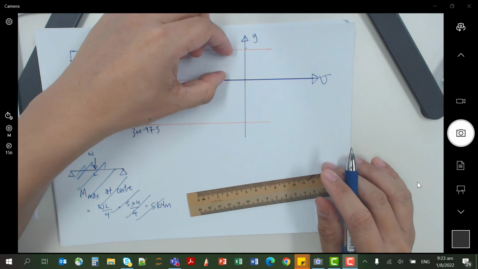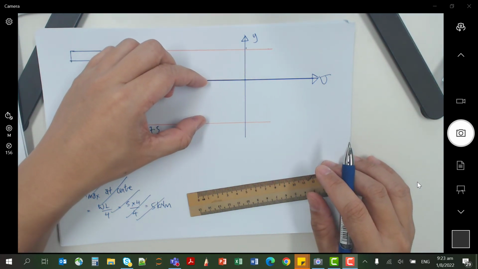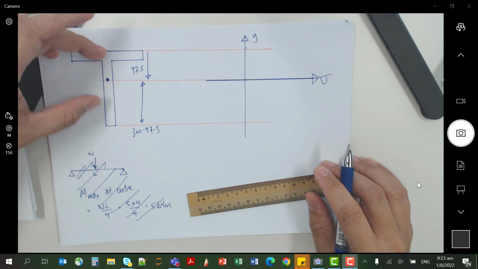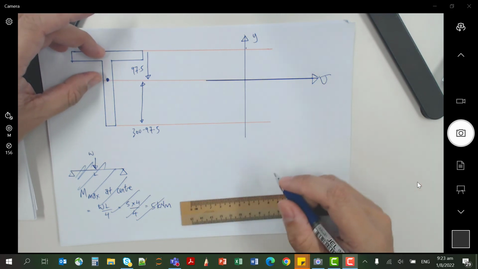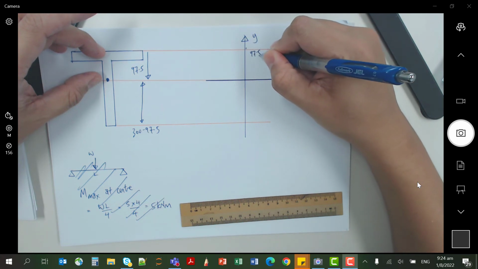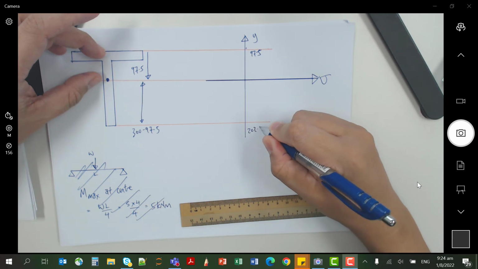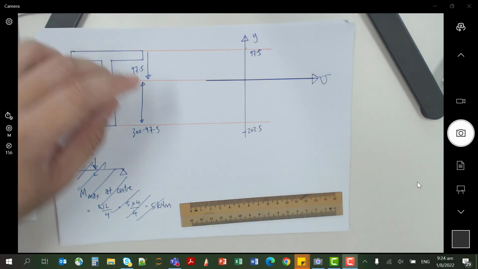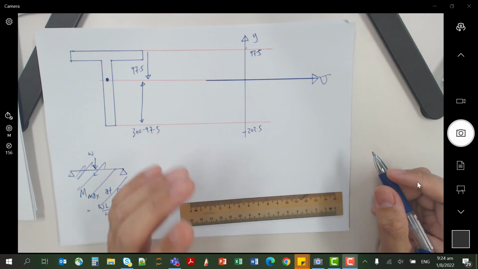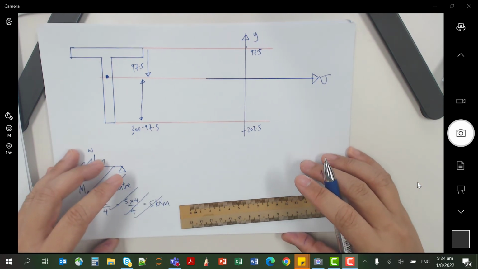So this is 97.5, and this height is 300 minus 97.5, which is 202.5. Of course this is minus, but the sign doesn't matter so much for this topic.